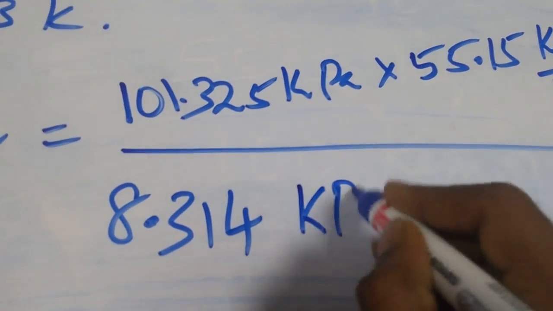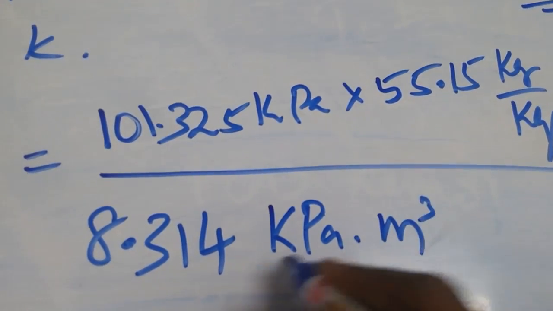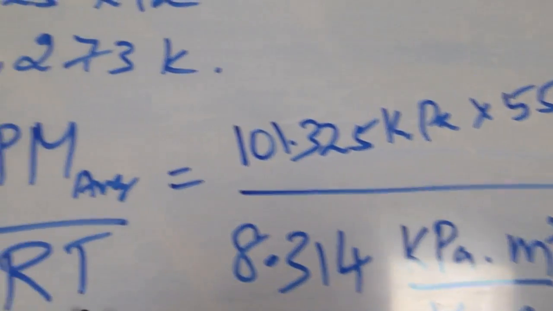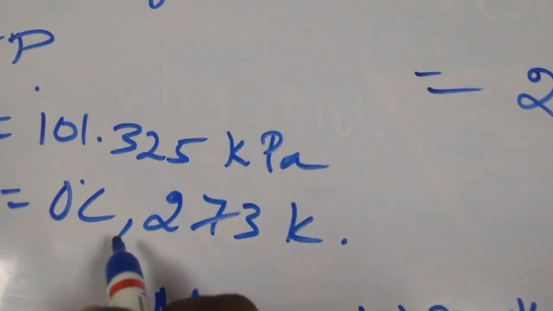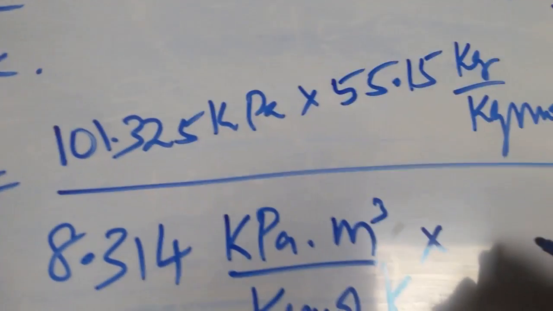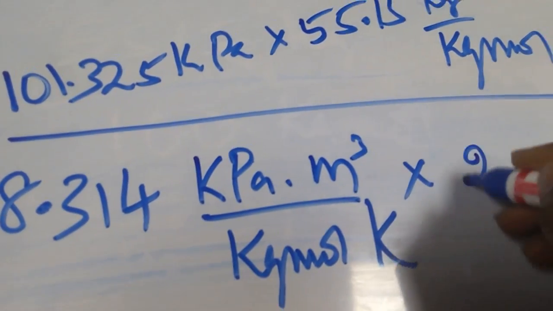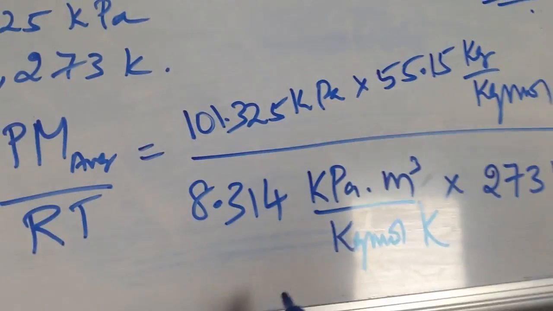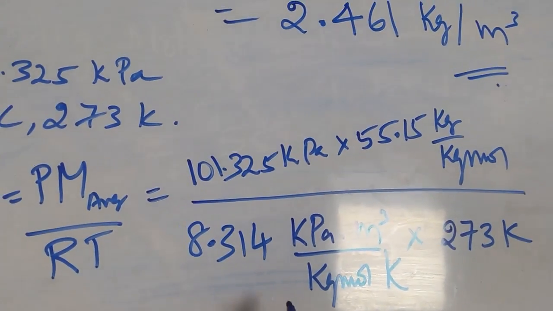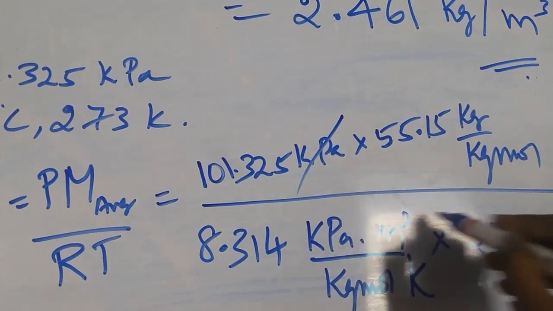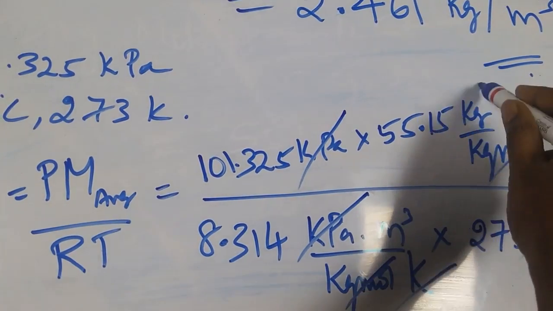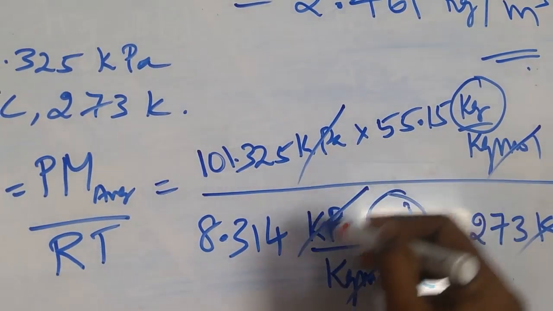8.314 kilopascal meter cube per kg mole Kelvin into temperature, 0 degree Celsius, that is 273 Kelvin. So we have the units getting cancelled: kilopascal, kilopascal, kg mole, Kelvin. We get kg per meter cube.